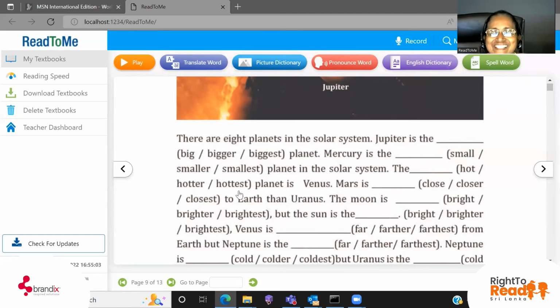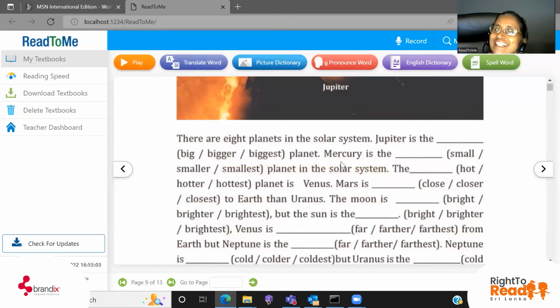Yes, you can guess. When we use the, then it follows the superlative of an adjective. Then you can easily find out the superlative form of the adjective there. Jupiter is the planet. Next, Mercury is the smallest planet in the solar system.